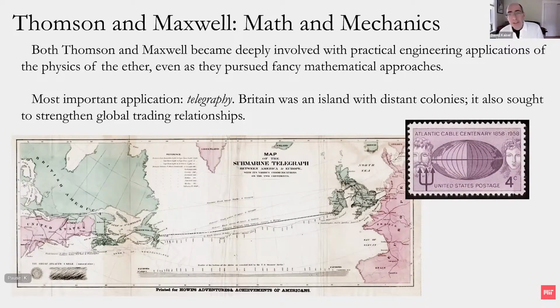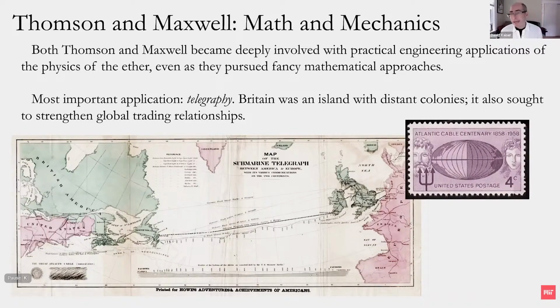They were pursuing these very sophisticated, formal mathematical approaches to electricity, magnetism, and the physics of the ether, not only for the sake of pure mathematics. As we'll see, they were deeply involved in very practical ways with things that governments wanted to pay for, like telegraphy and other practical electrotechnical devices. So among the most important in their own careers was indeed telegraphy.